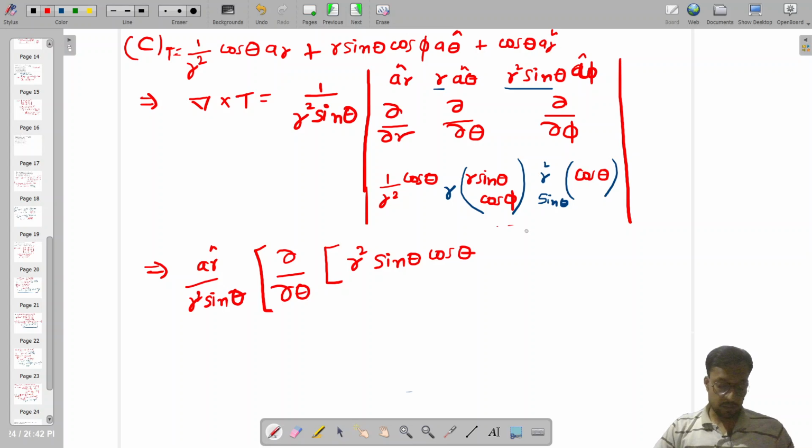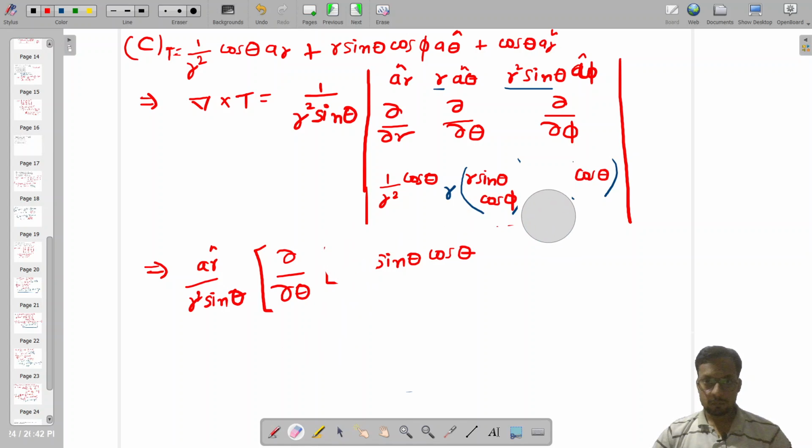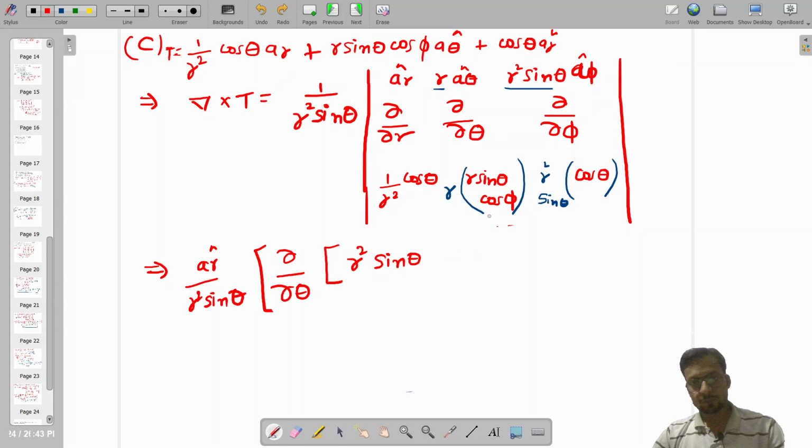So r square sine theta cos theta. This will be r, this is r, and this is also r.